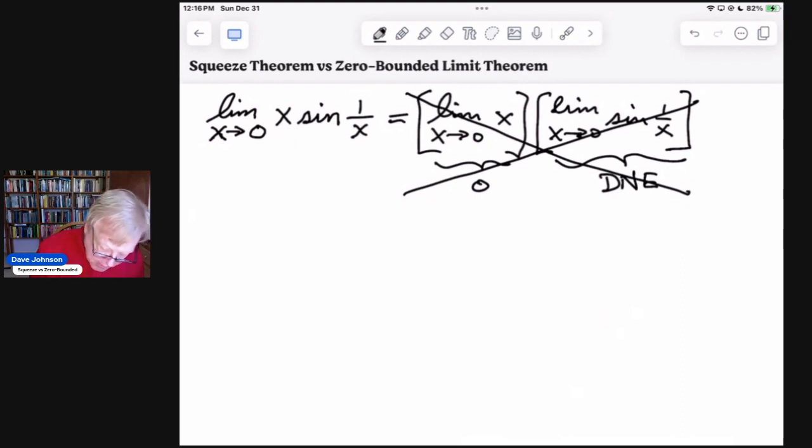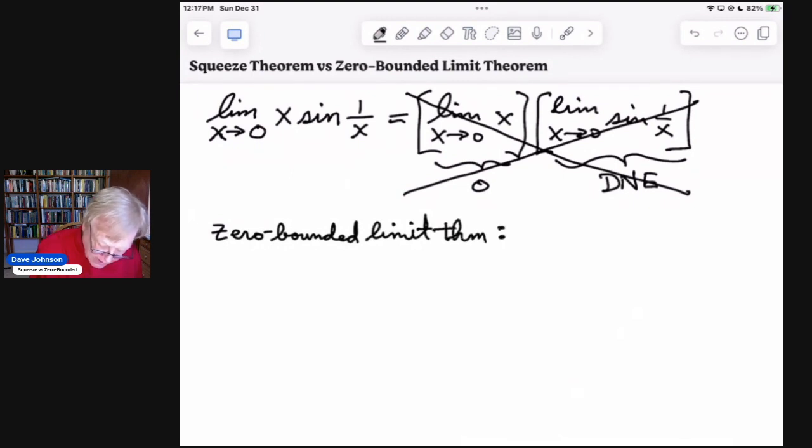And let's do the zero-bounded limit theorem first. Zero-bounded limit theorem. And let's treat the bounded function as sine of 1 over x.